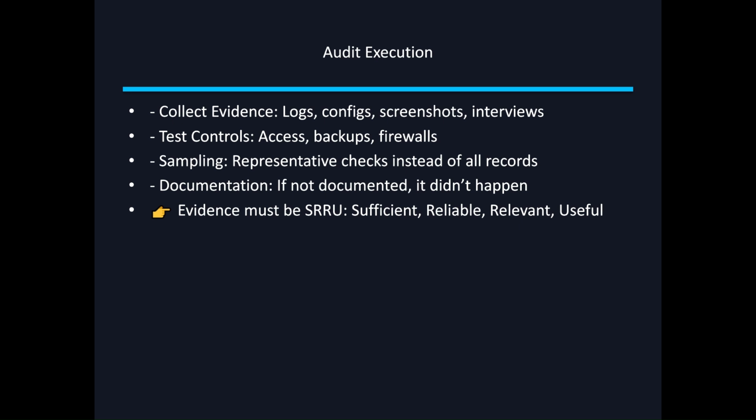When we say collecting evidences, it can include logs, system configurations, screenshots, interviews with the stakeholders or employees, and direct observation of what is going on in the day-to-day activities of people.